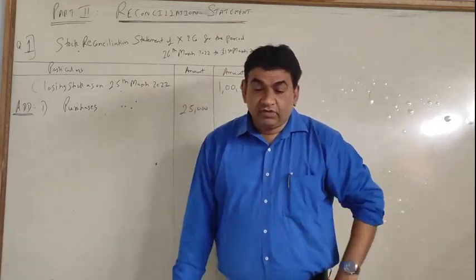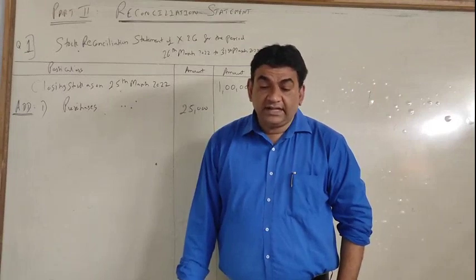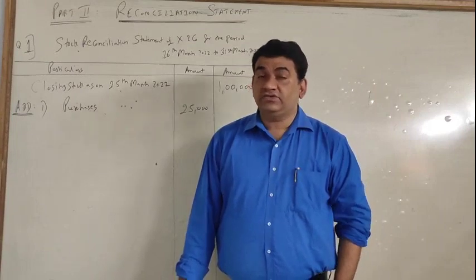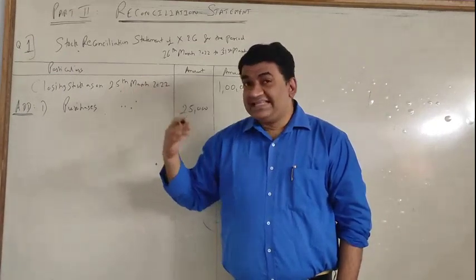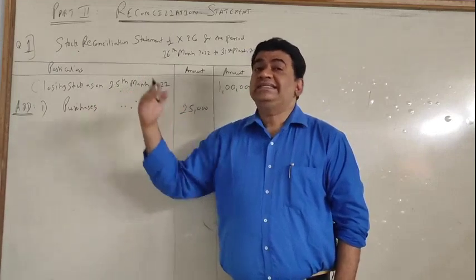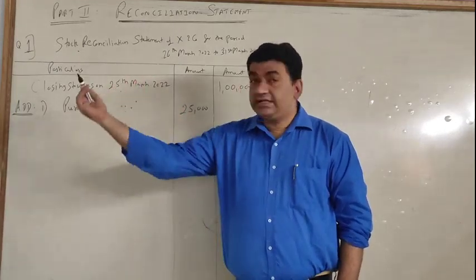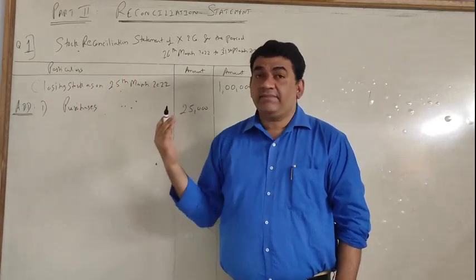Next, fourth, sales return for the above period 10,000. Now sales return. When I sell to the customer, it goes out. When it is being returned, it is coming back.